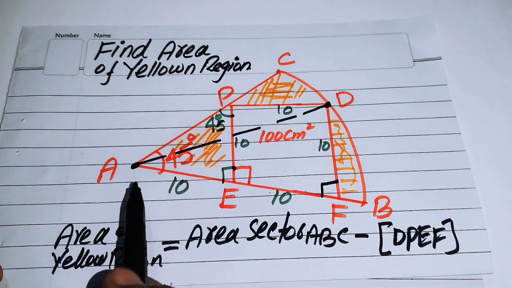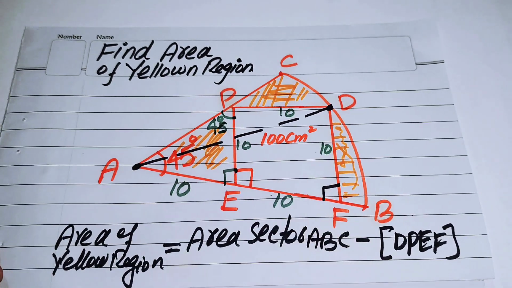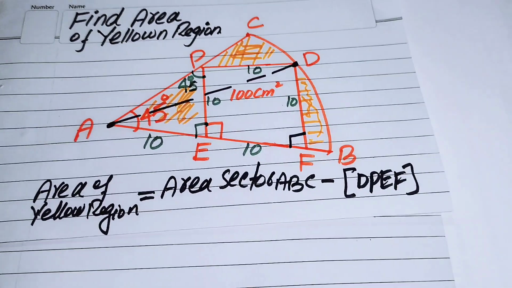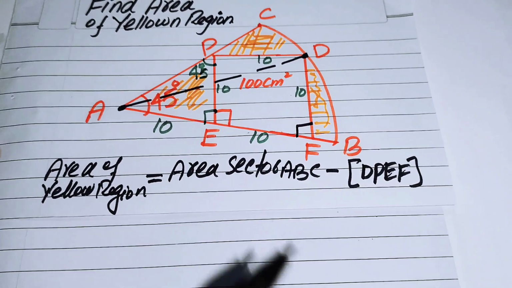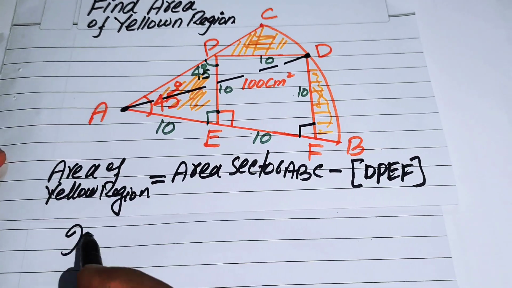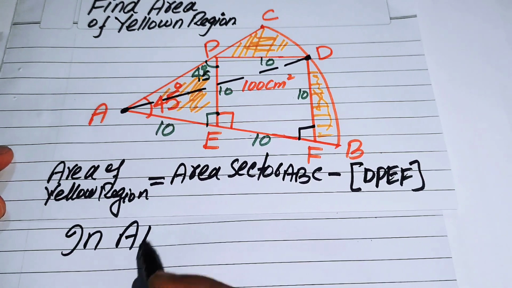So if you focus on triangle AFD, it is a right triangle. Now we will see here in right triangle AFD.